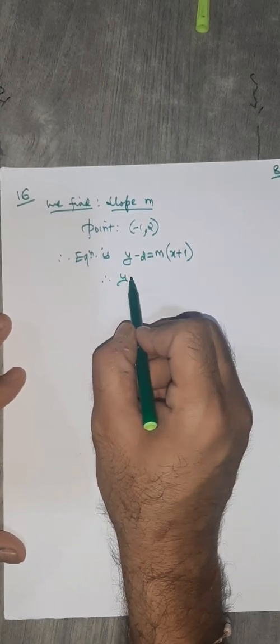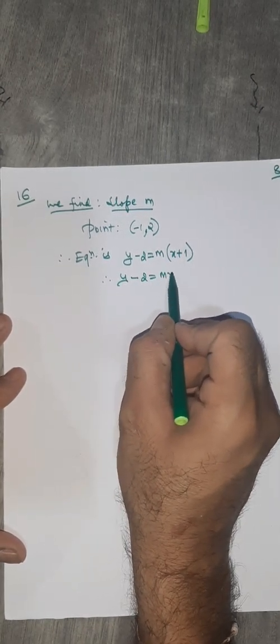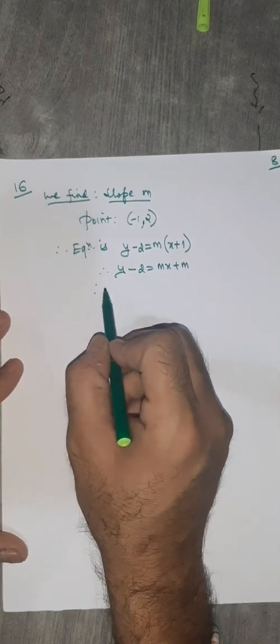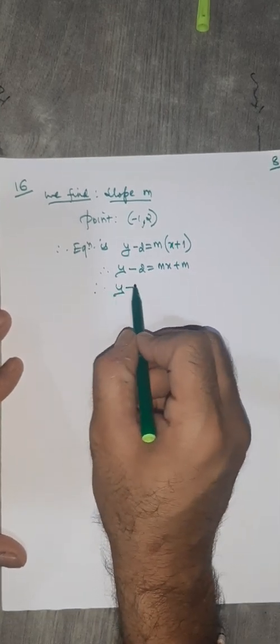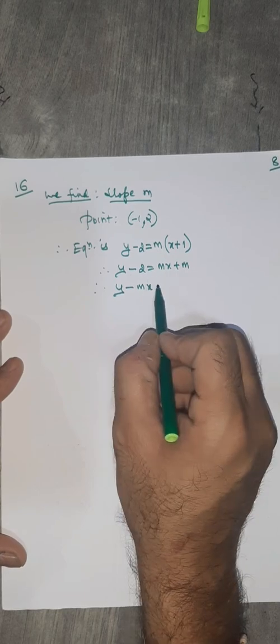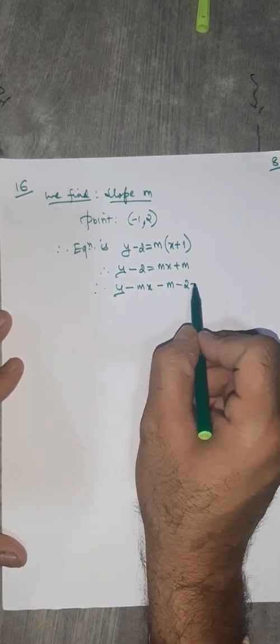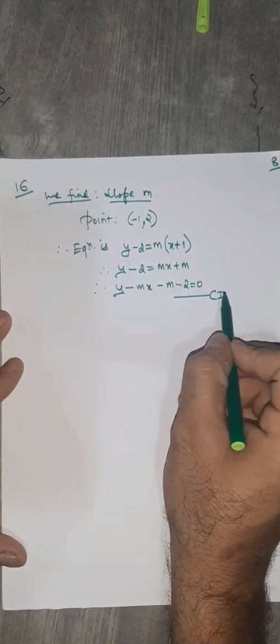If we simplify, y minus 2 equals mx plus m. So y minus mx minus m minus 2 equals 0. This is equation number 1.